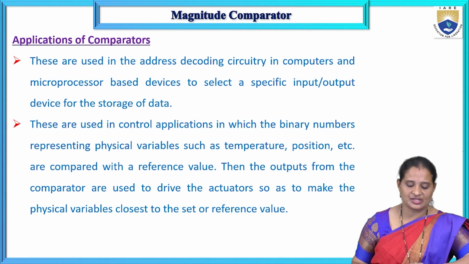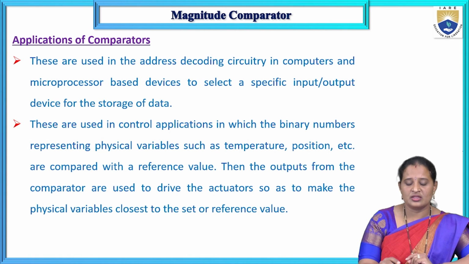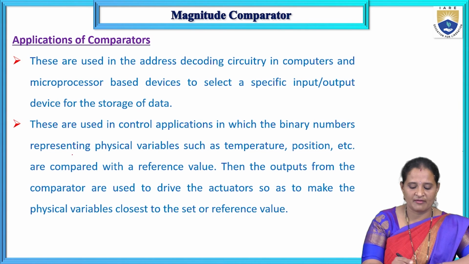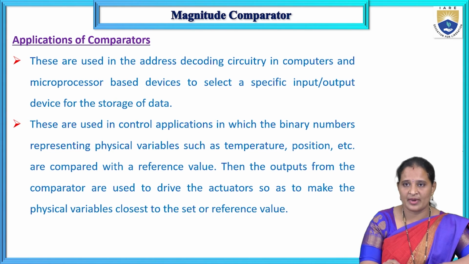Another application of this comparator is in control applications, in which binary numbers represent physical variables such as temperature, position, etc. That means in temperature control and position control also, we can find applications of comparators.